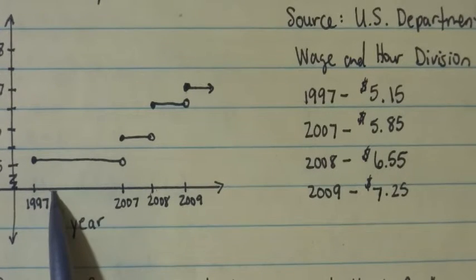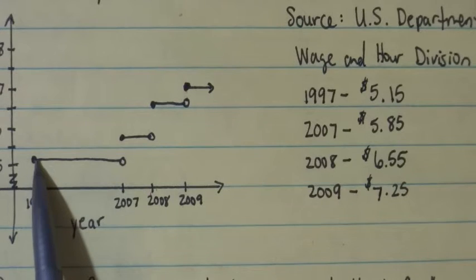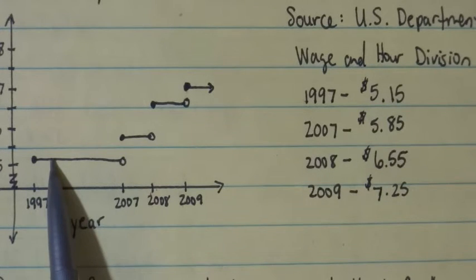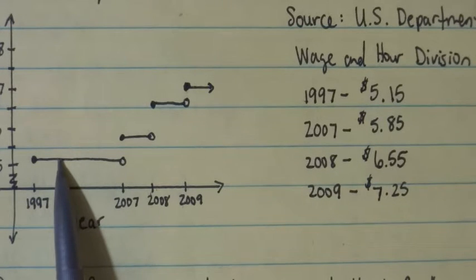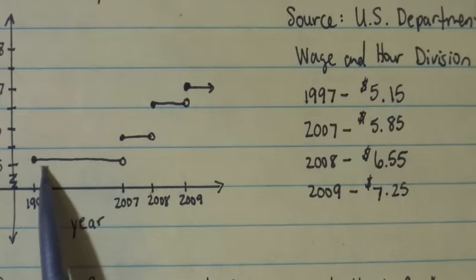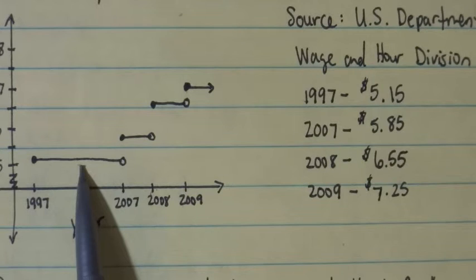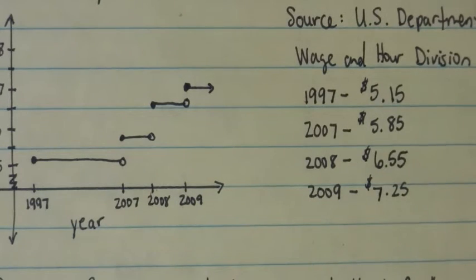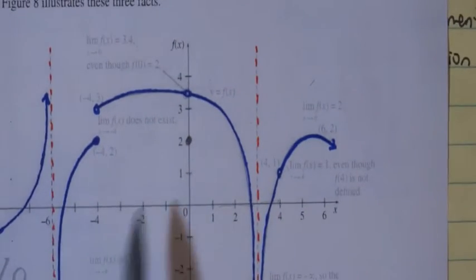However, if we were to go back to the year 2000, the limit from the left would be $5.15. The limit from the right would be $5.15. The actual function value is $5.15. And we'll notice there's a nice continuous line. In the example from the previous section, there's one place where we had that jump discontinuity.